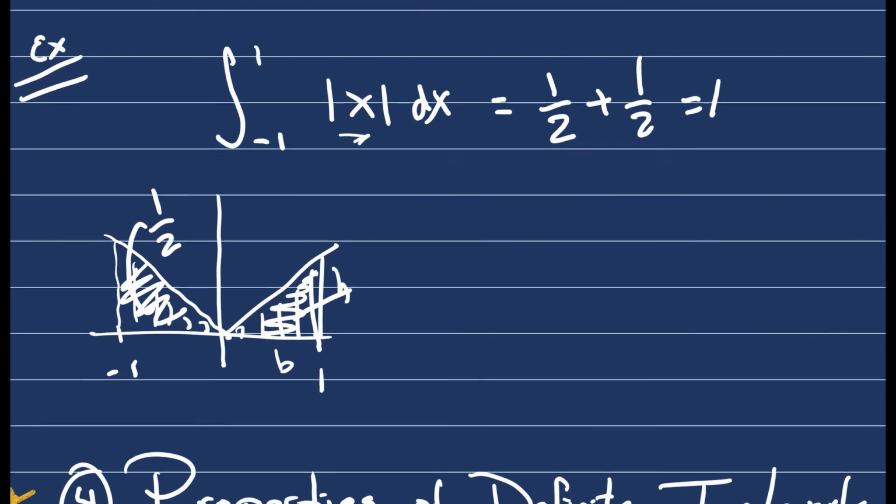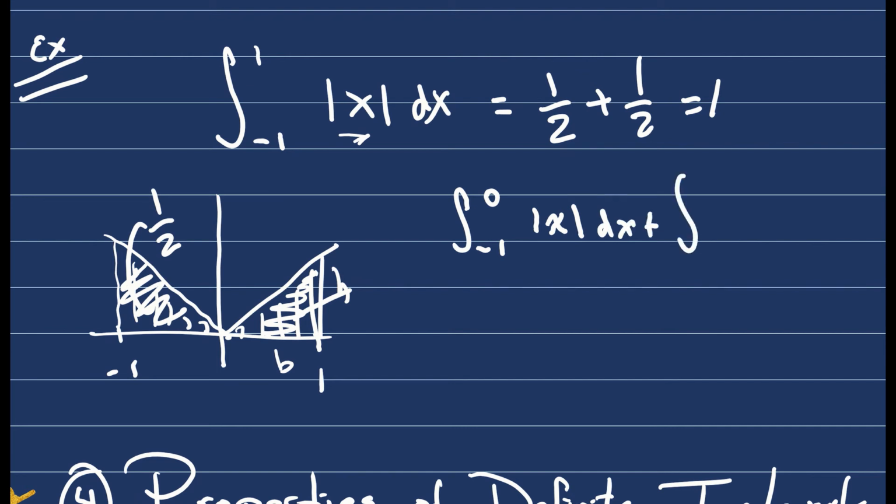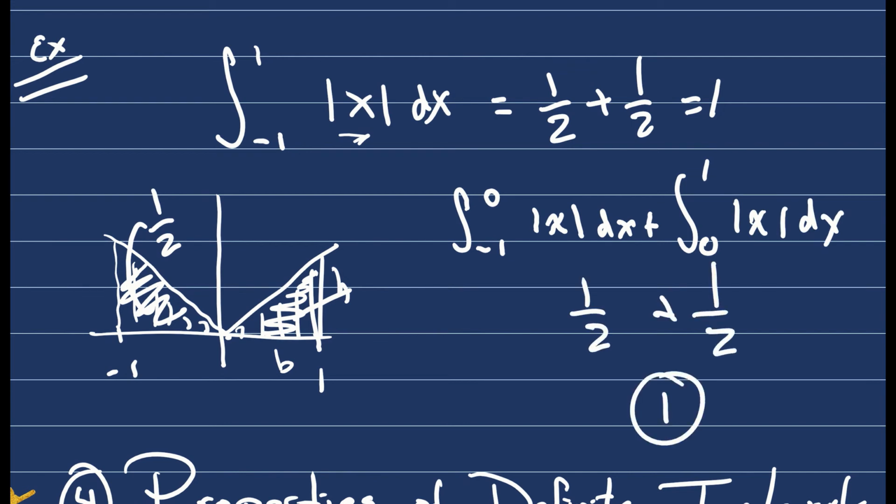This would have been equal to the integral from -1 to 0 of the absolute value of x dx plus the integral from 0 to 1 of the absolute value of x dx. This is 1/2 plus 1/2, which is equal to 1, which makes sense. Bring this over here and you get a square. Or you could have brought this over here and you get a square too. It depends. Good.